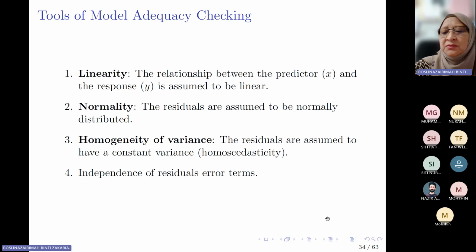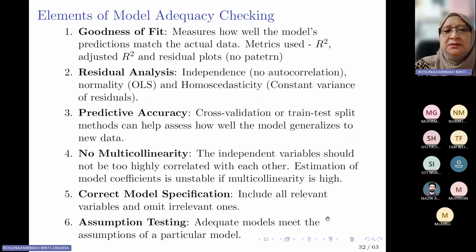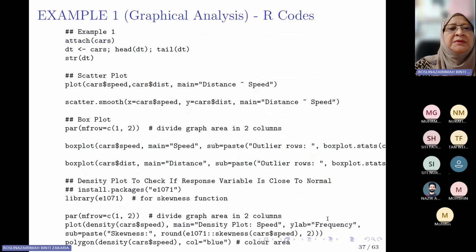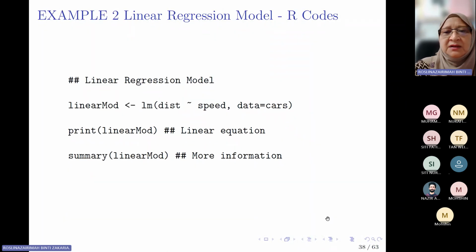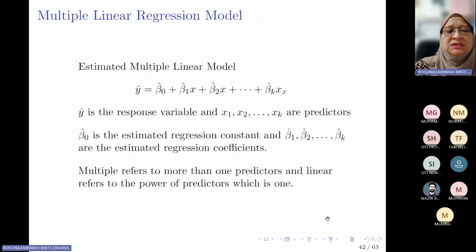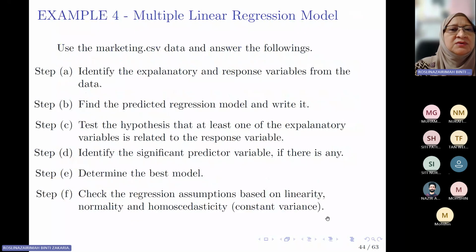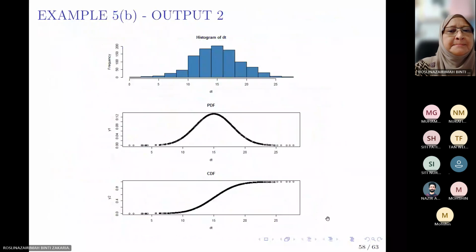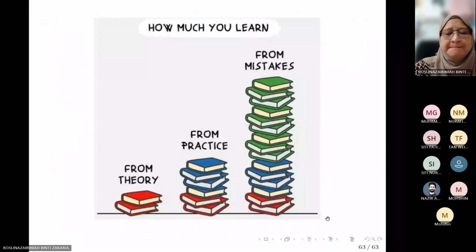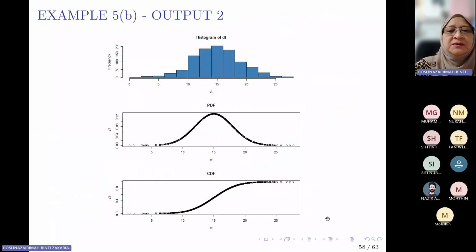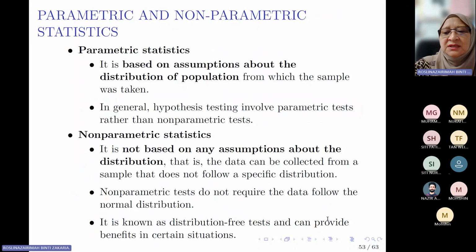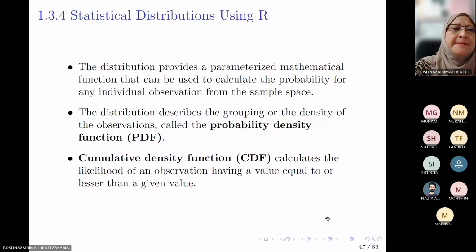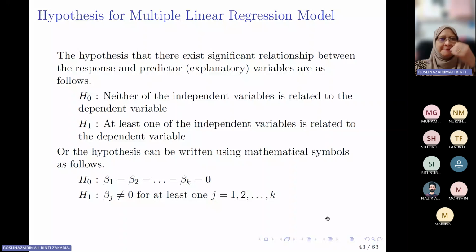So there is a lot more to be explored, but just play around with the codes I did supply, so you can see how it works and how to interpret and so on. Okay, there are about 63 pages.